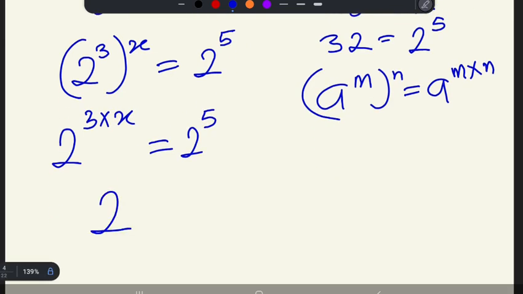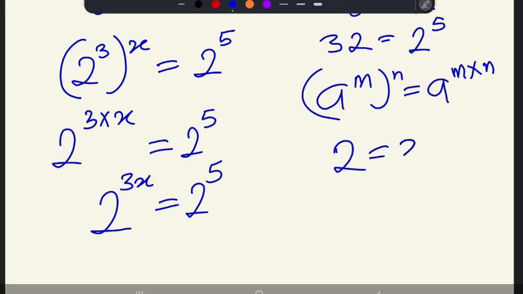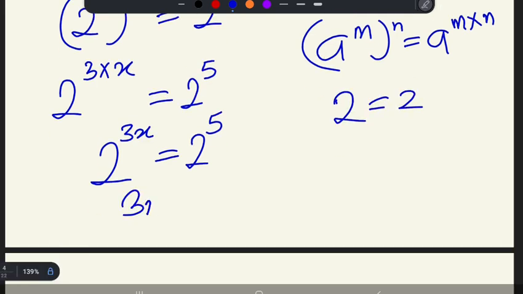We have 2 raised to power 3x is equal to 2 raised to power 5. As I said earlier, the bases are equal, telling you that the indices will now be equal. Since 2 is equal to 2, therefore 3x is equal to 5, and x is equal to 5 over 3.